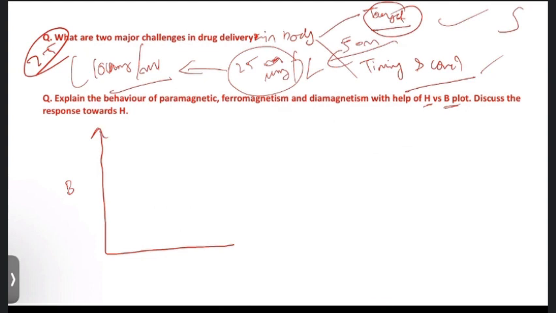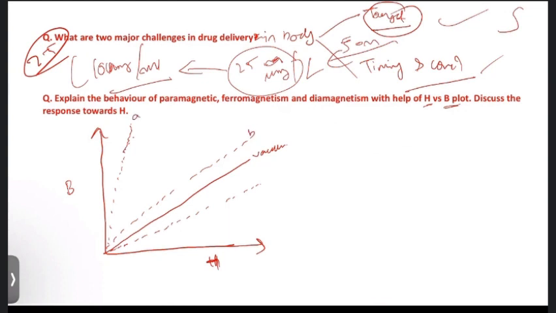B, H. This is, suppose, vacuum. It is not drawn as straight but consider it so. See, 1, 2, 3. You have to tell me which line belongs to which magnetism.